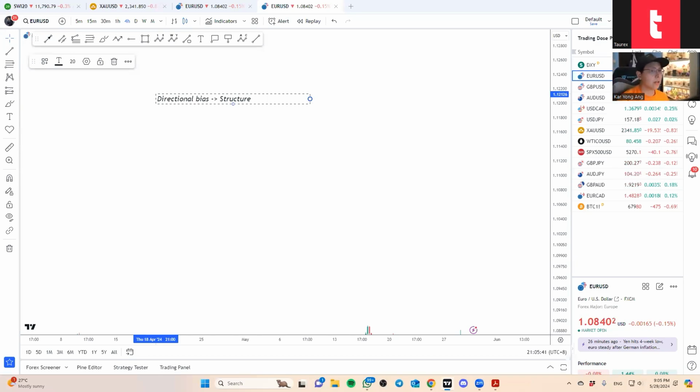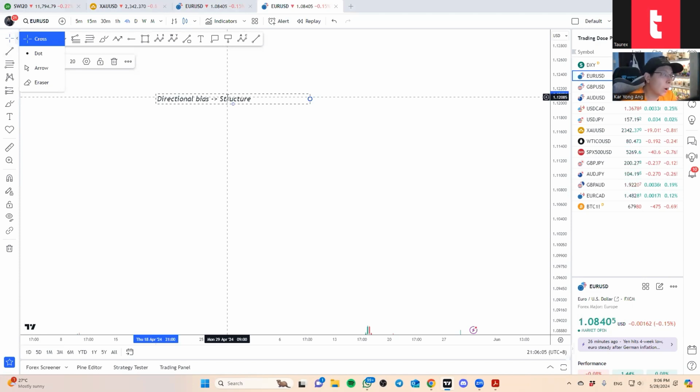Yeah, I was talking about how directional bias is where we utilize structure to help us establish whether the overall market is in a bullish structure or a bearish structure, and that will determine what direction we want to focus on. We'll talk a little about swing highs and swing lows as we progress.